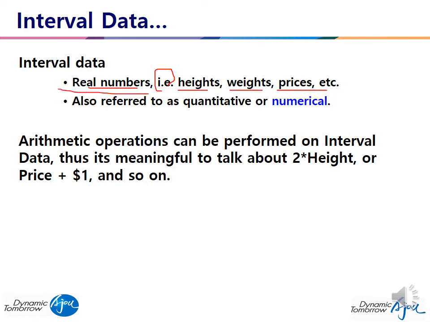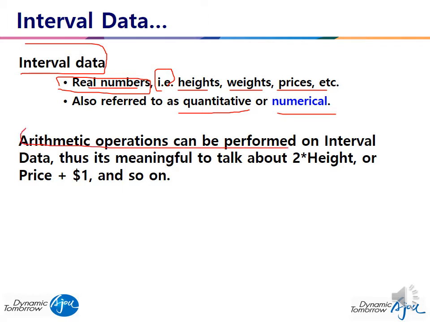For example, heights, weights, price, etc., all are interval data. Interval data is also referred to as quantitative or numerical data. So if you hear quantitative or numerical data, it's interval data.